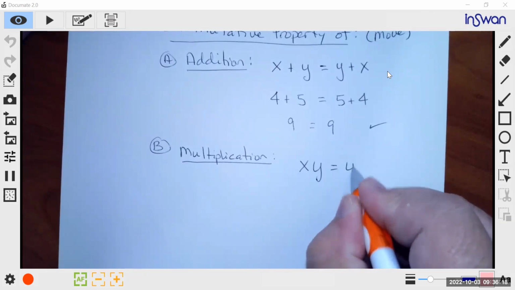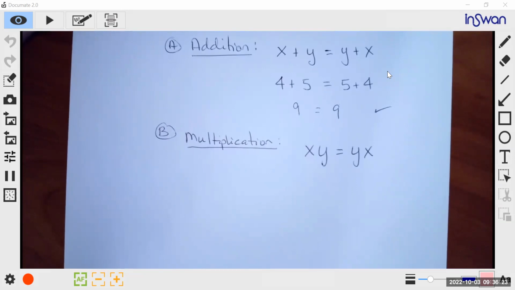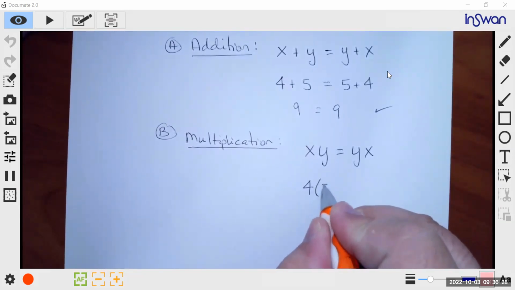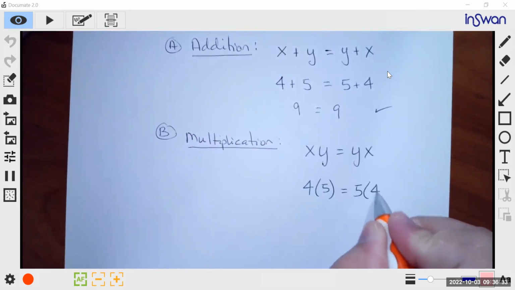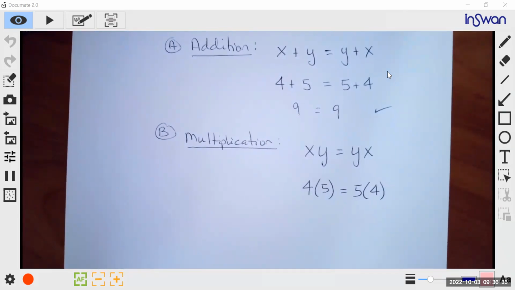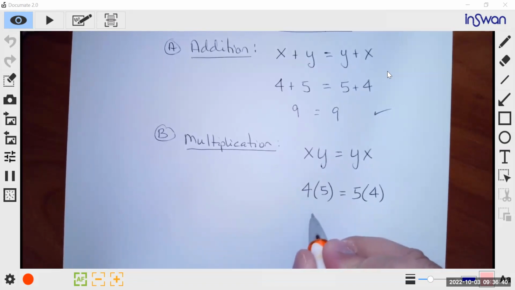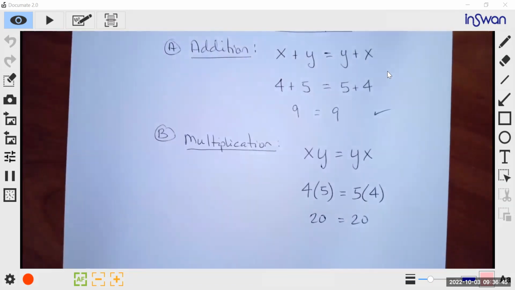Again, it doesn't matter the order in which the numbers are multiplied together, they'll give us the same answer. 4 times 5 is the same thing as 5 times 4. 4 times 5 is 20. 5 times 4 is 20. Again, doesn't matter how you arrange them. So the commutative property gives us the ability to move numbers around.